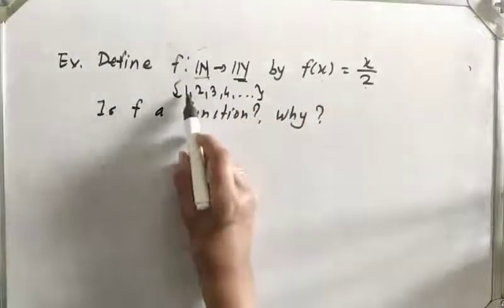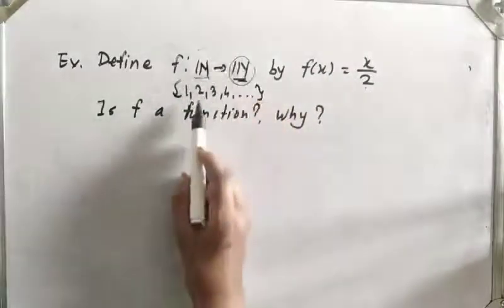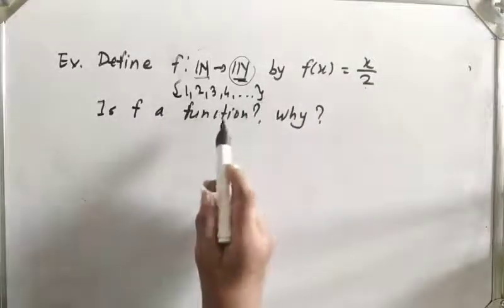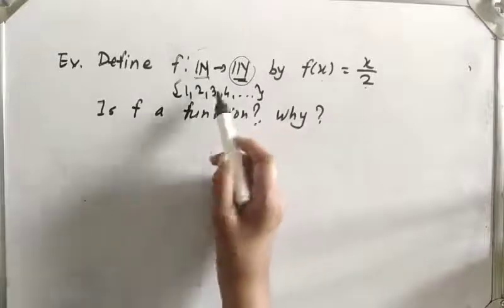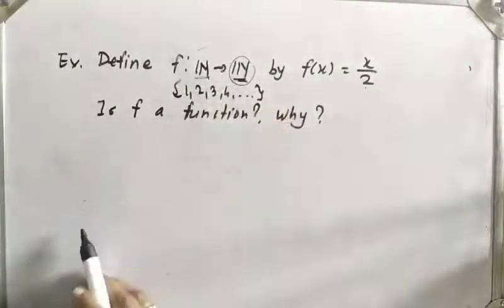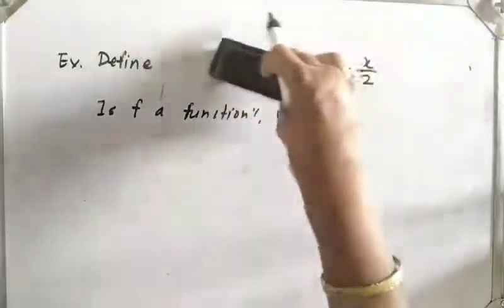Suppose we take 1, f of 1 will be 1/2, but that 1/2 is not natural. If we take 2, that is included. But all images must be included in codomain. If we take 3, 3 by 2 is also not included in codomain. So it is also not a function.